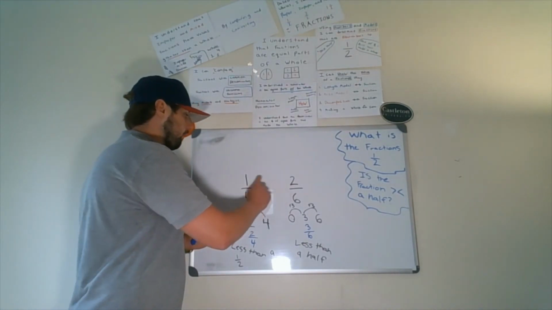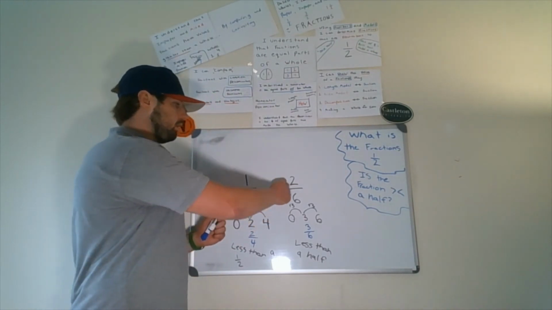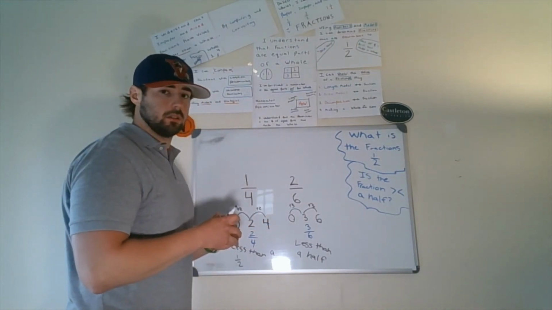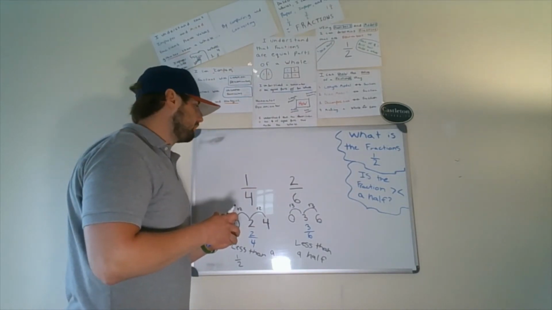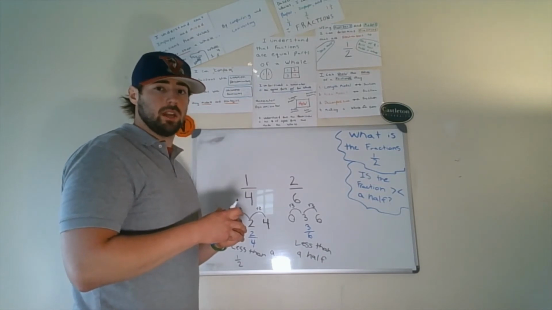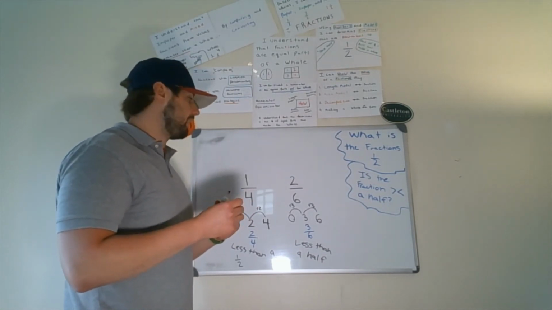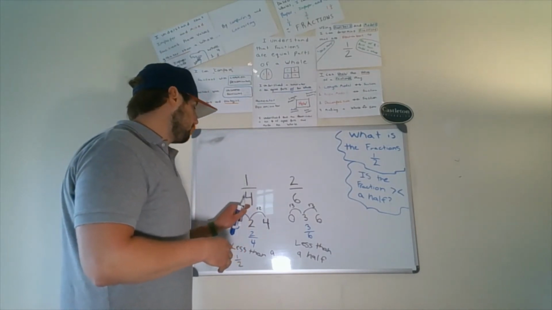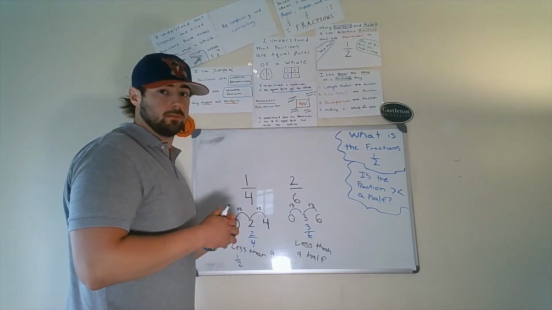But we also have to keep in mind those numbers of parts. I would suggest, for the sake of this mini unit, that we would use our trusty length model. We would make a visual model to compare 1/4 and 2/6.